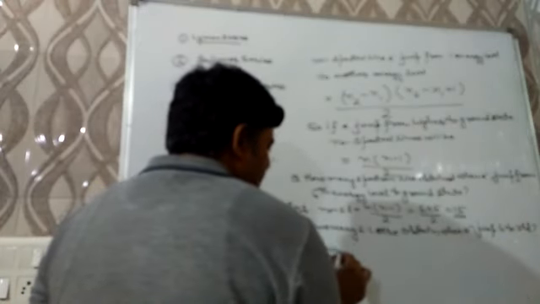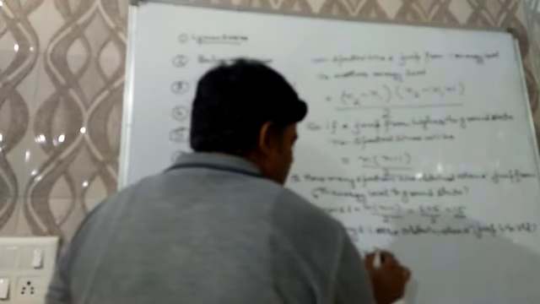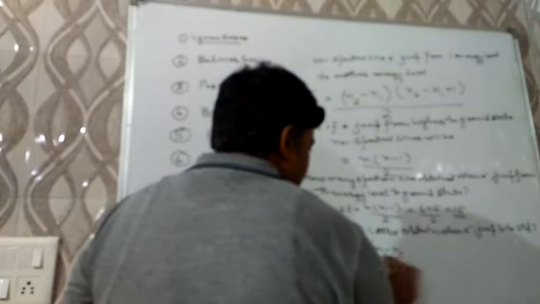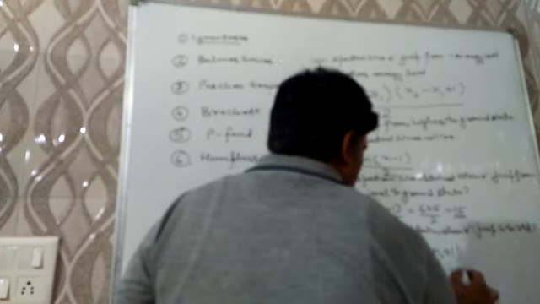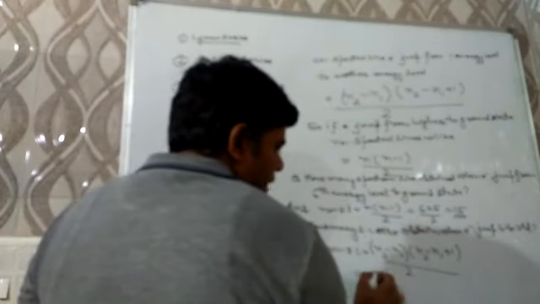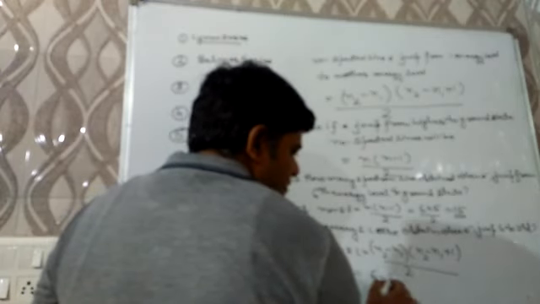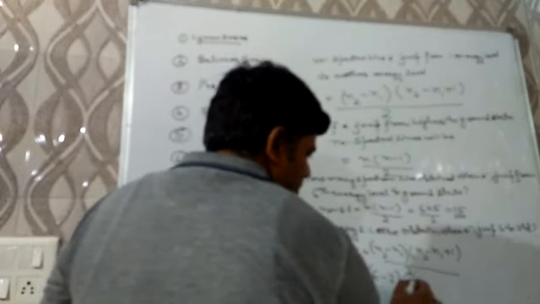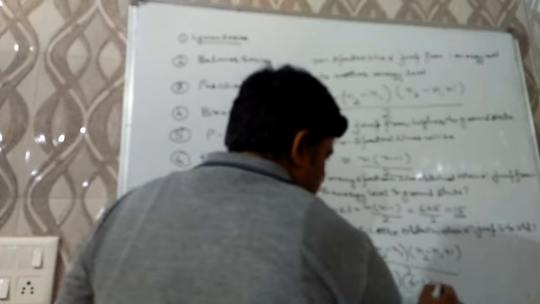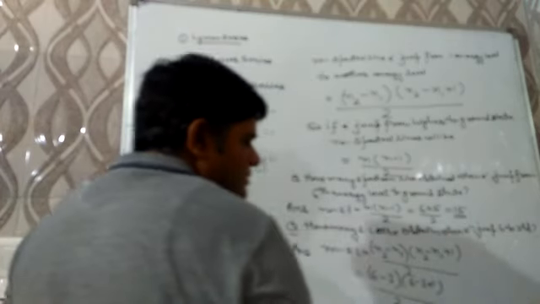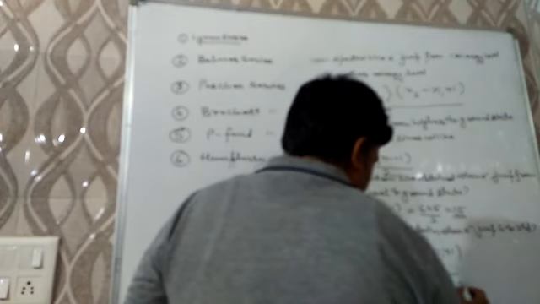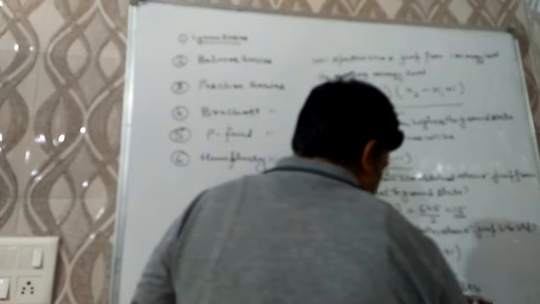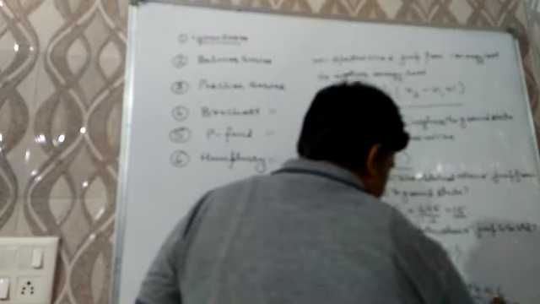Number of spectral lines will be equal to (n2 minus n1) into (n2 minus n1 plus 1) over 2. So n2 is 6, n1 is 3: 3 into 4 by 2, and there will be 6 spectral lines.